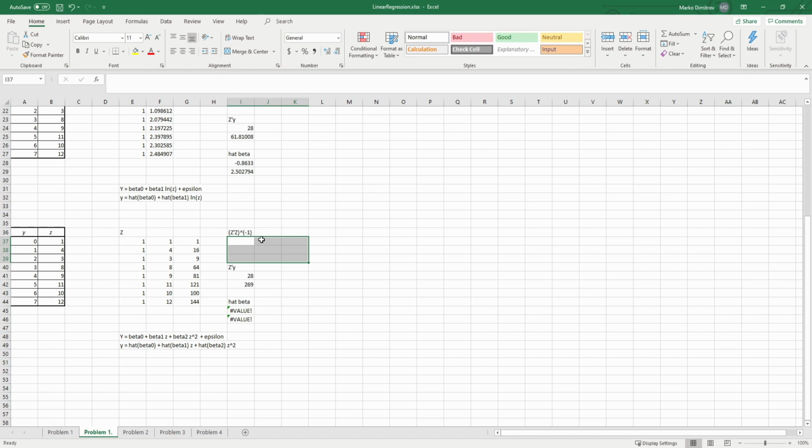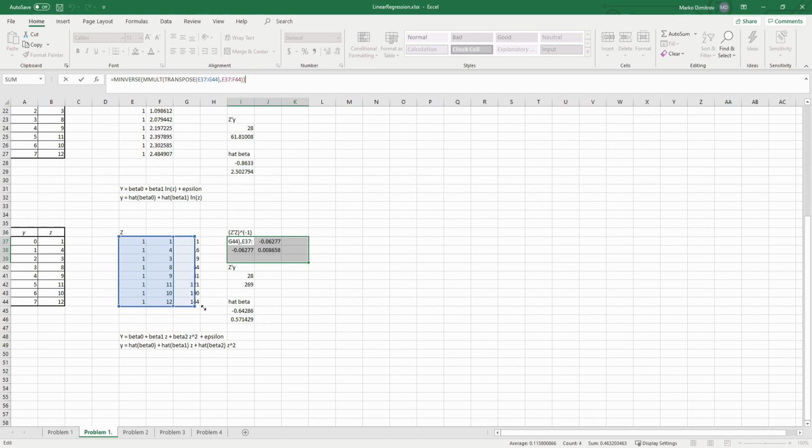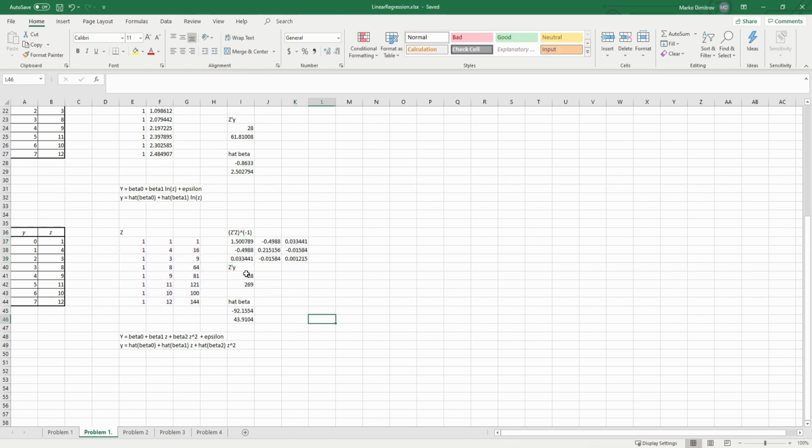Or maybe instead of removing, we can select everything and just move like this. Let's see what will happen. Yes, it should work. Then this one should be 3.